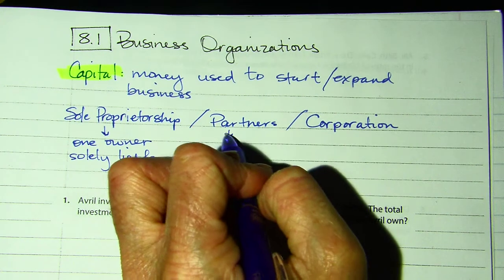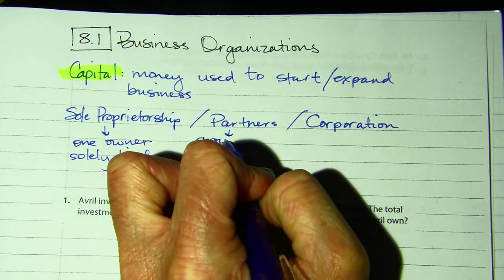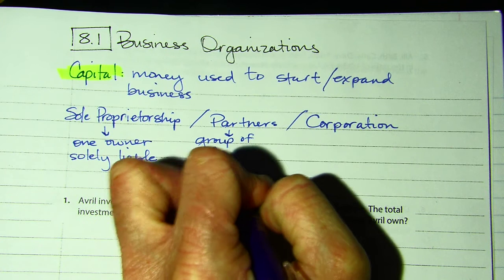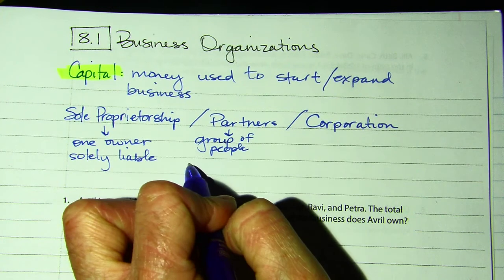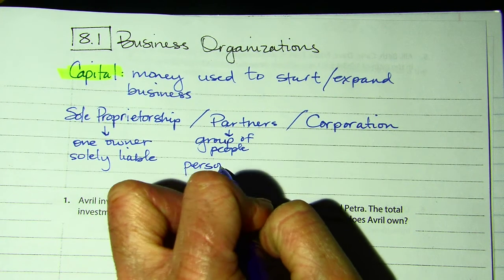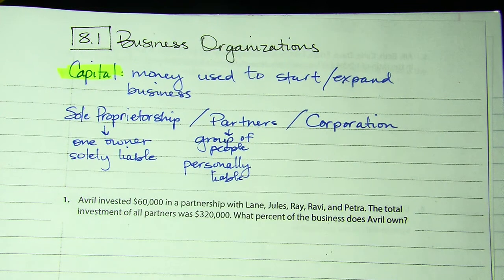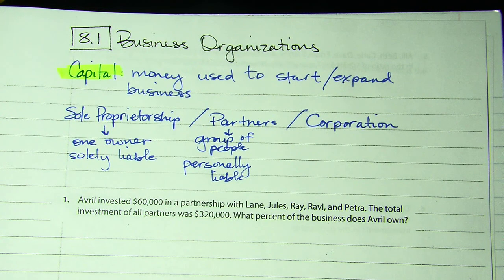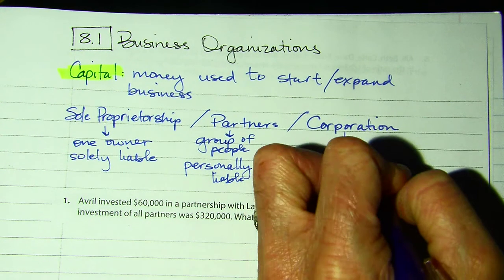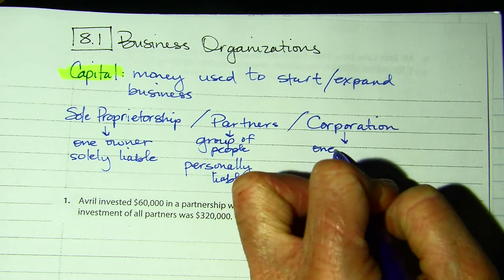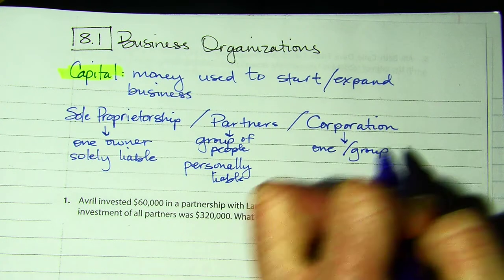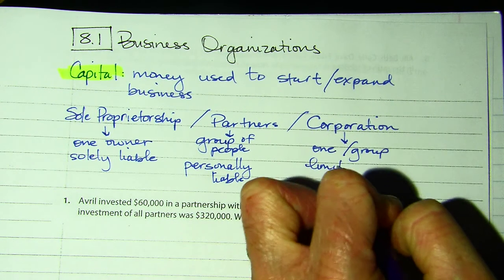Partners can be a group of people, and in a partnership, you are personally liable for any losses or liabilities. Meaning, there could be three of you that own the company, and if something goes wrong, they can come after your personal home or your personal car. A corporation can be one person or a group, and your liability is limited.